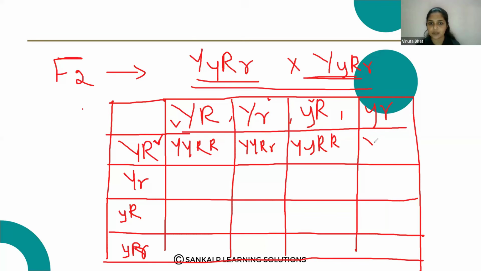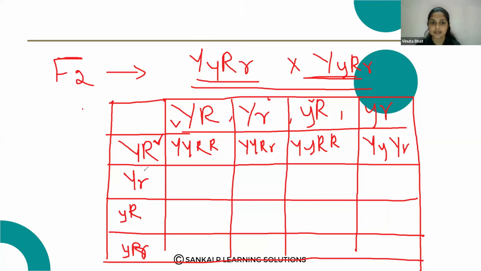And the last one, capital Y capital R small r. So these all are yellow round seed producing plants, because capital Y is there and capital R is also there. So that is similar to the parental generation, right?